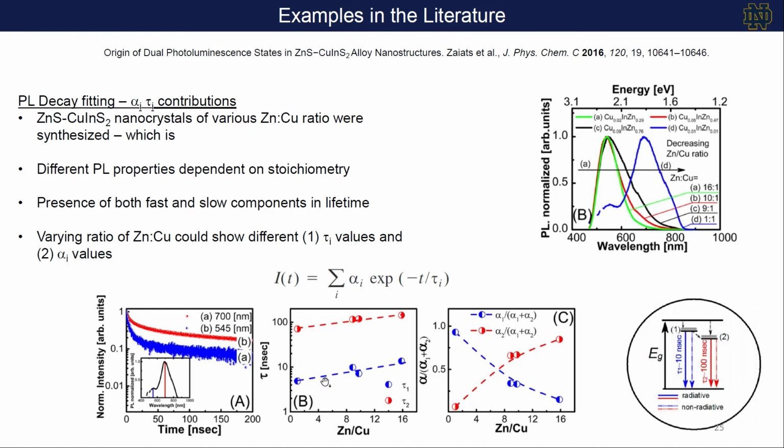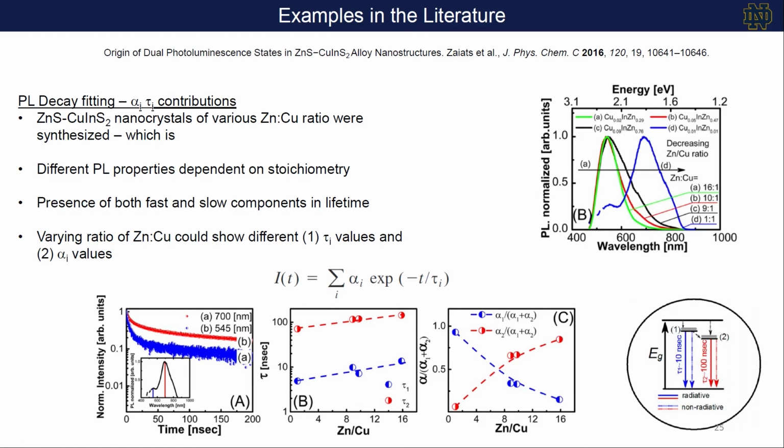We're looking at the evolution of those values as we change a parameter, in this case the stoichiometry. Even if the quote-unquote real tau values are a little bit shifted lower or higher, it's not so important, because if you do this analysis versus stoichiometry or temperature or some other parameter, the individual values matter less and the trend as it changes matters more.